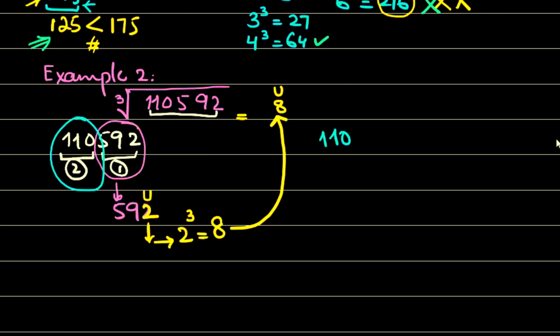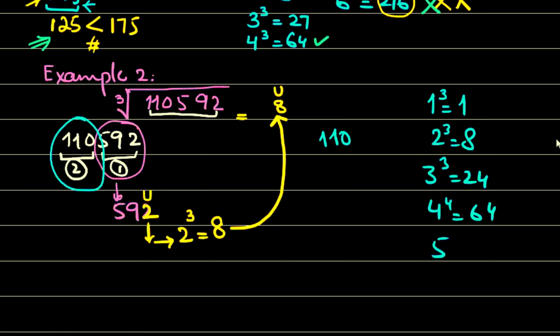Okay. So for 110, we have to find the nearest perfect cube. Let me write a few perfect cubes. We have written here: cube of 1 is 1, cube of 2 is 8, cube of 3 is 27, cube of 4 is 64, and cube of 5 is 125.